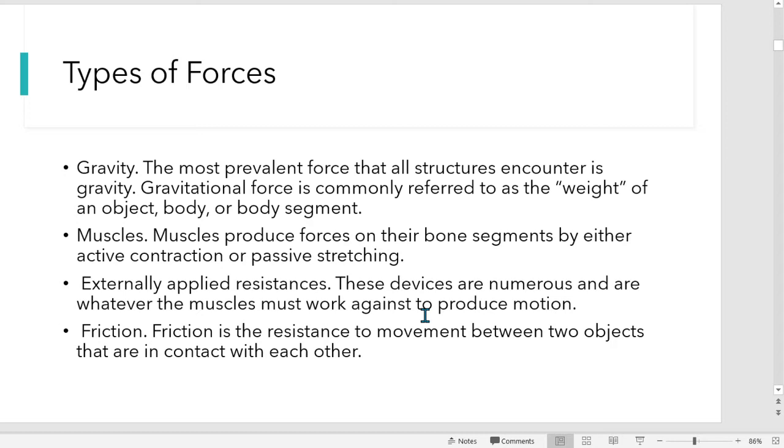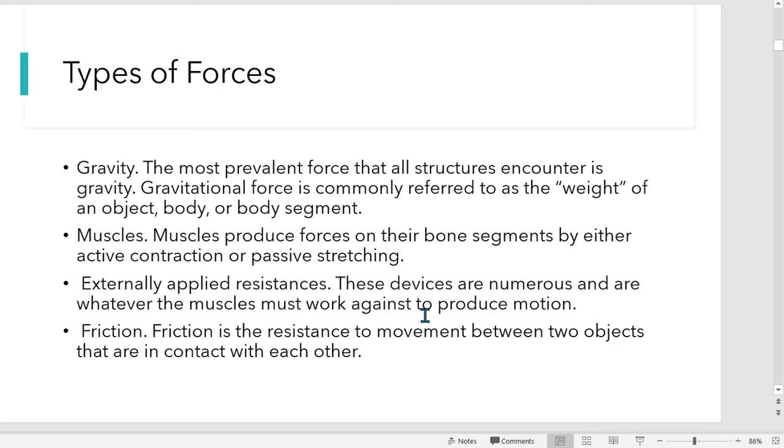So we could have also load. When you say load, let's take for example, if you're carrying an object, that object is considered as load. Load can offer resistance against the movement of the body or against the motion. Right? Because the direction of the load is always towards the gravity.